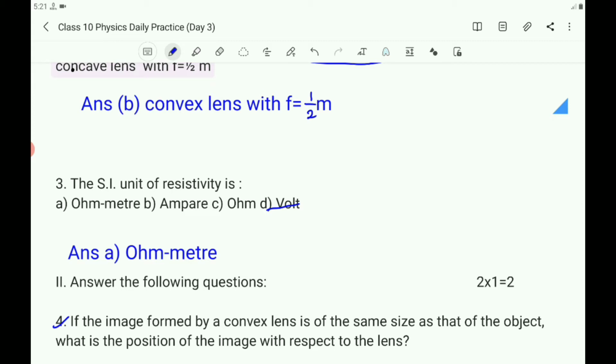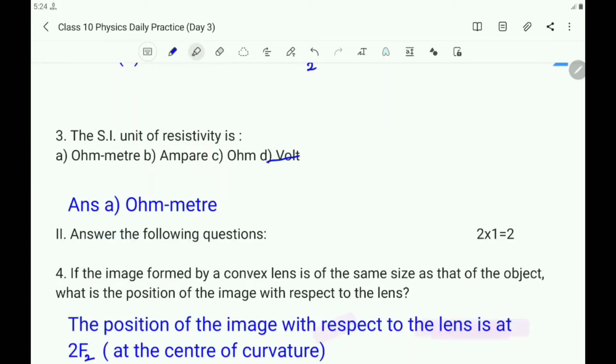So here the position of the image is at 2F2, you can say. Position of the image is at 2F2. That is, when the object is at 2F1, the image forms at 2F2 with the same size as that of the object. So the position of the image with respect to the lens is at 2F2.